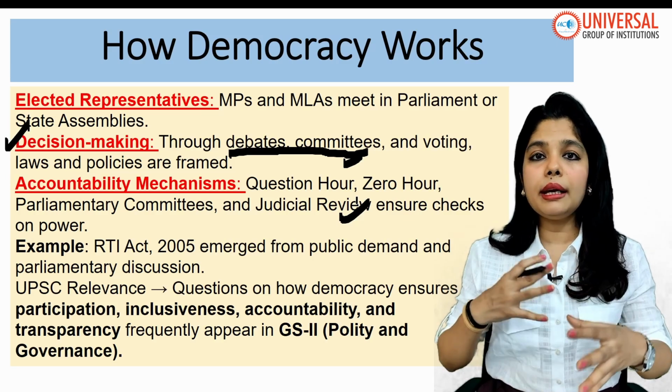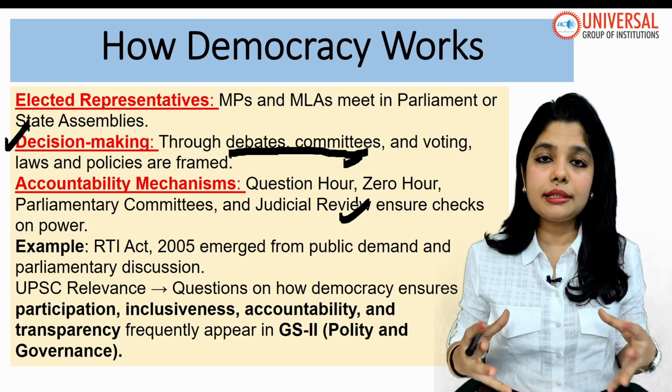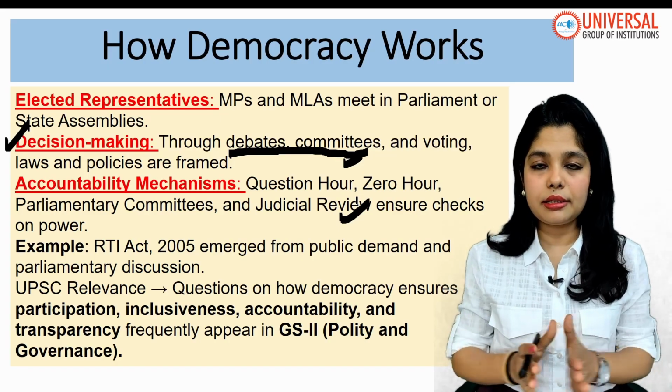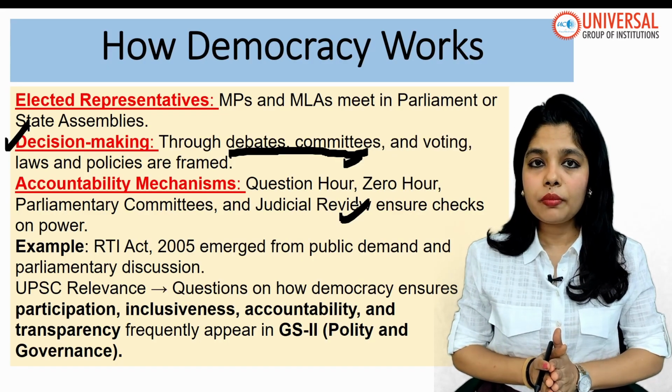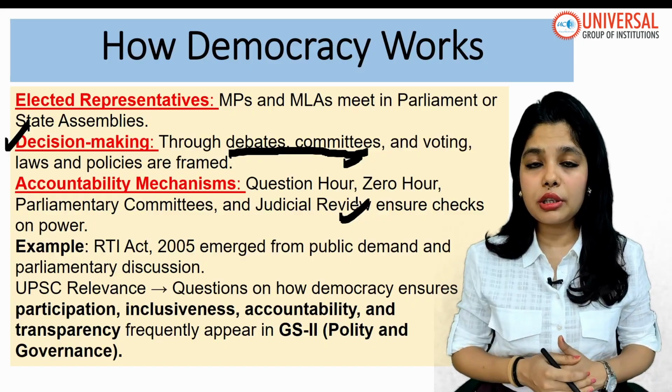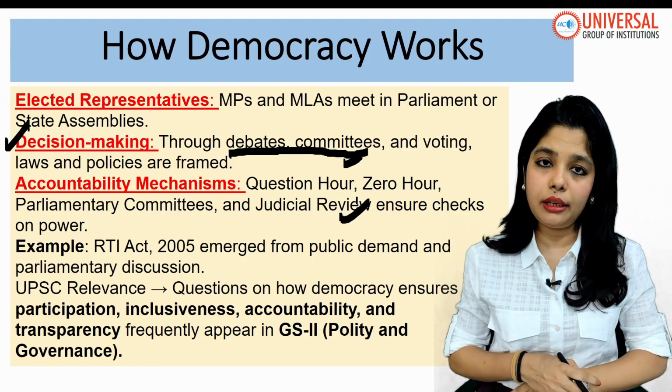So time and again things are being checked and balanced. That is called checks and balances. And the executives are scrutinized again and again through this process by the legislature.